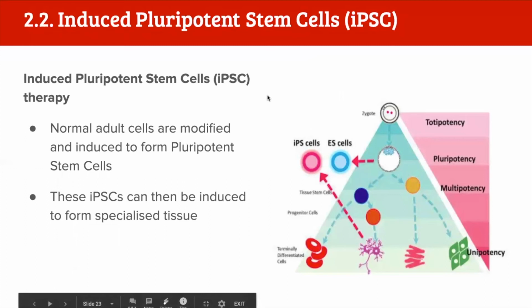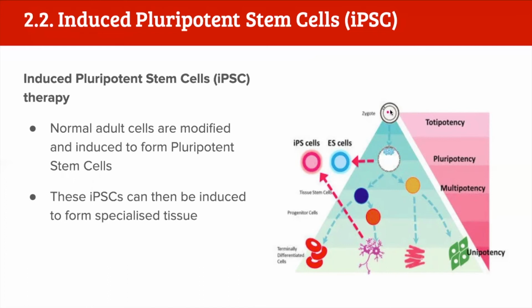So that leads us into the next way that we can carry out therapeutic cloning, which is induced pluripotent stem cells, okay? So induced pluripotent stem cell therapy, you can take normal adult cells and you can modify them and induce them to form pluripotent stem cells. These iPSCs can then be induced to form specialized tissue. So here, again, it's just another diagram showing the cell potency.